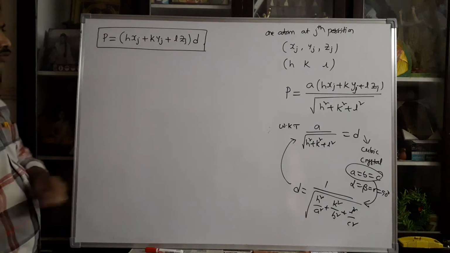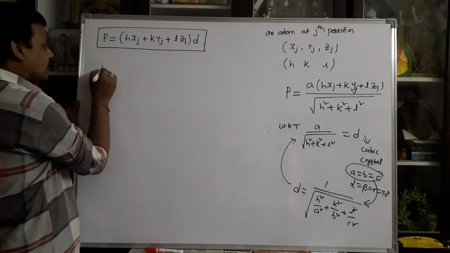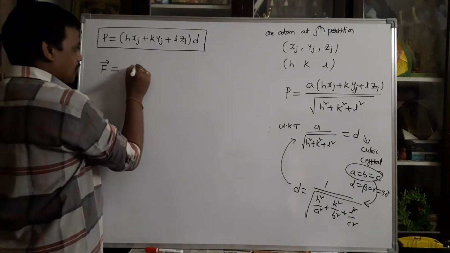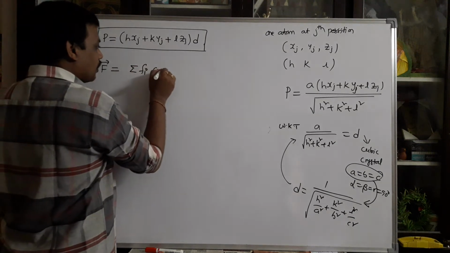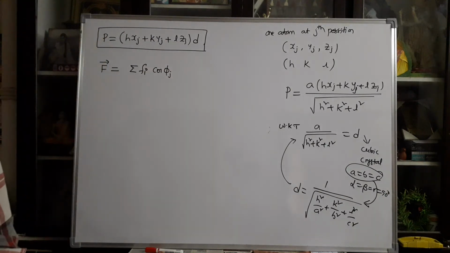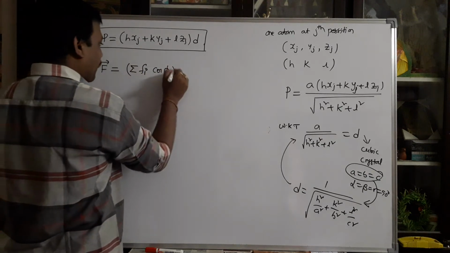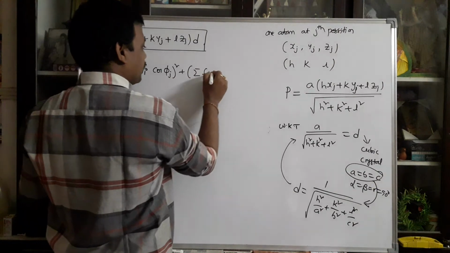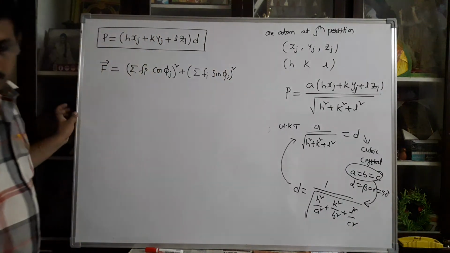What is the value of form factor? You get the form factor f bar: f bar is equal to sigma fi into cos pi j whole square plus sigma fi into sin pi j whole square.